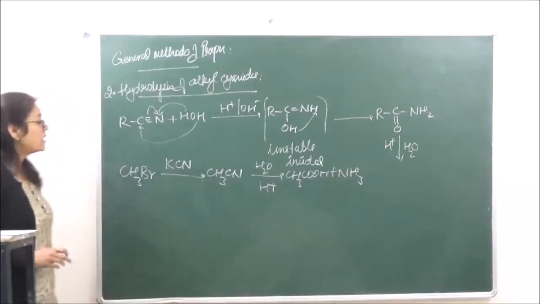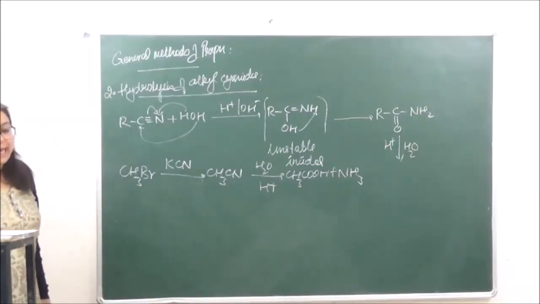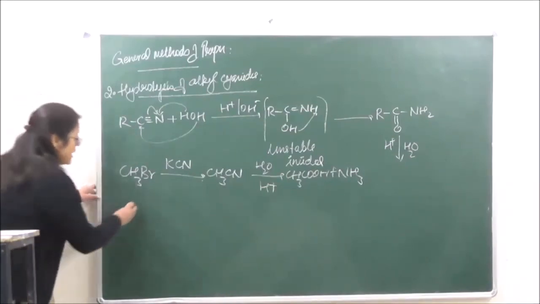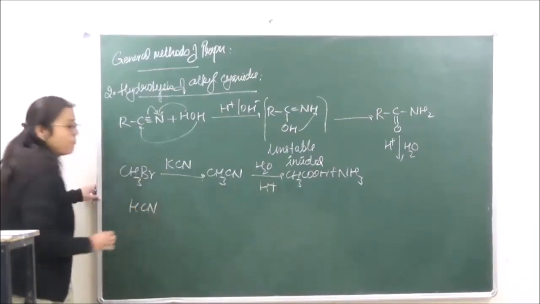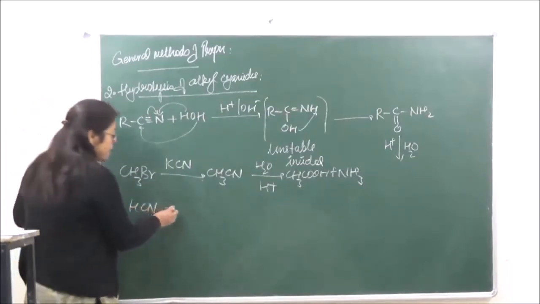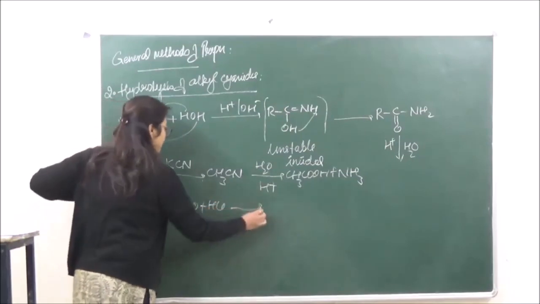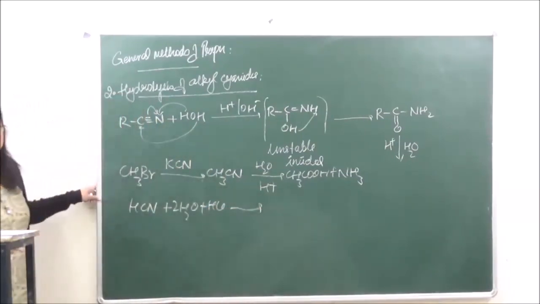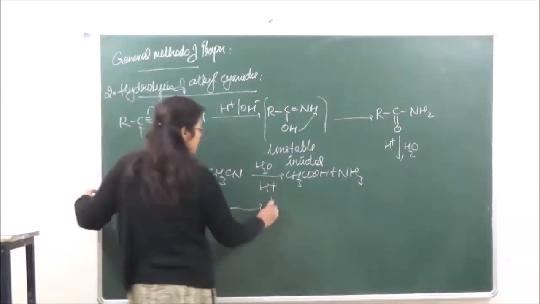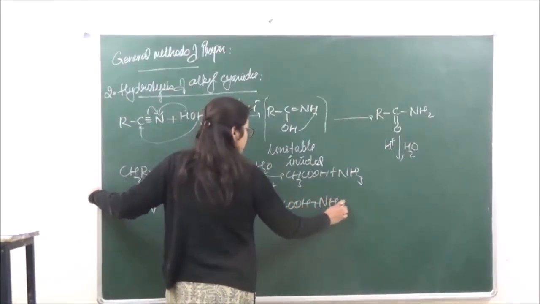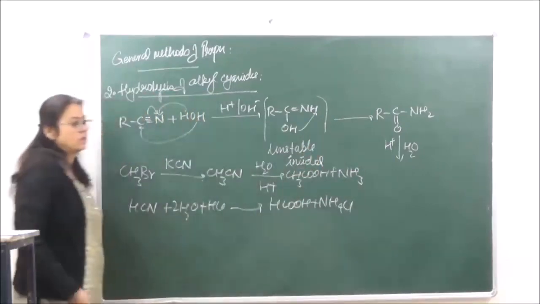And when we are preparing formic acid, HCN should be used instead of RCN. So the hydrolysis of HCN in presence of an acid is going to give us formic acid, right?